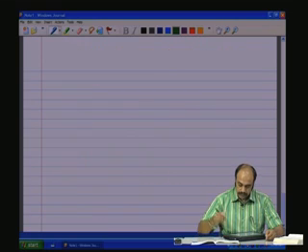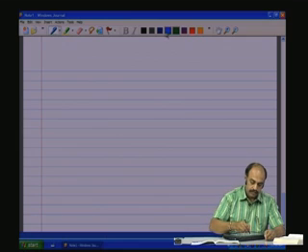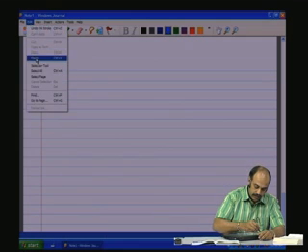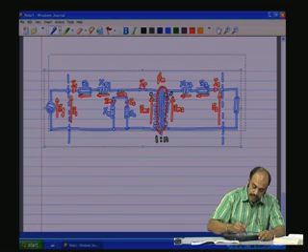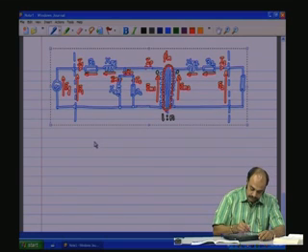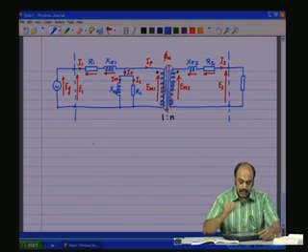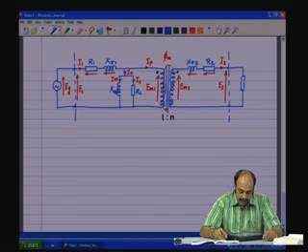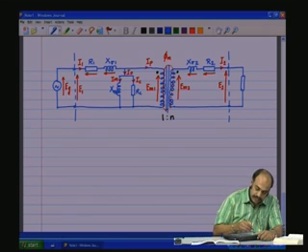Now, the next point we would like to discuss is the equivalent circuit itself. We see that this complete equivalent circuit can be simplified under certain operating conditions. So, we have two major operating conditions.